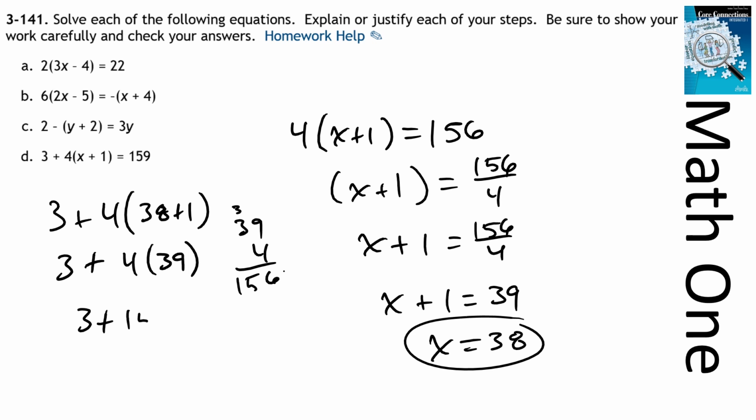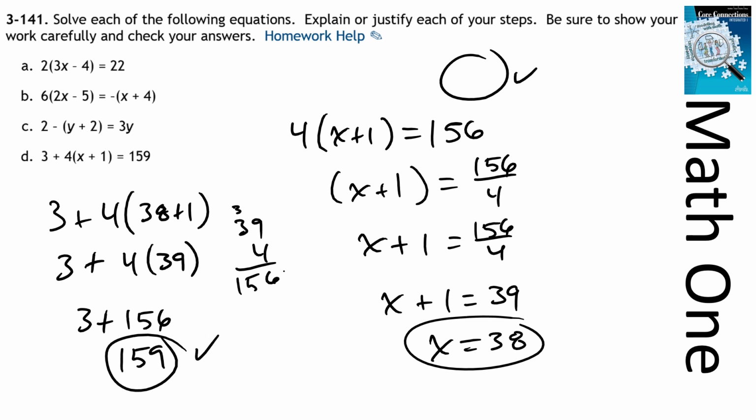And 3 plus 156 is 159. So when I plug 38 into this equation, it forces the left-hand side and the right-hand side to become 159. So x equals 38 is our solution.